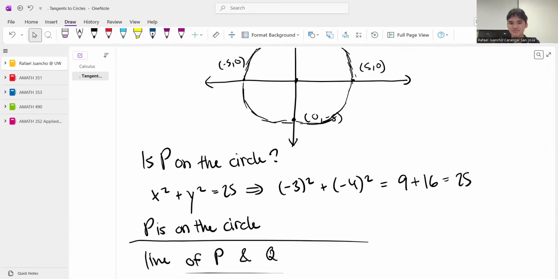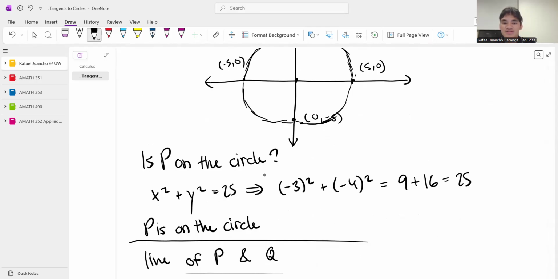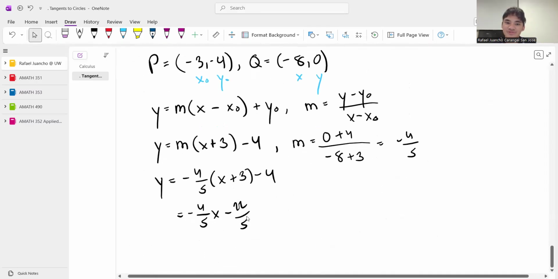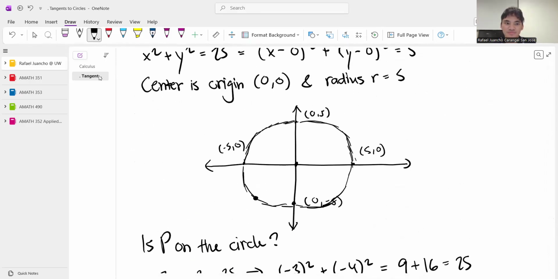Does it intersect x squared plus y squared equals 5? I mean, it has to, right? Because we know the point P, -3, -4 does intersect. So we know that's 1. And P is also on this line. So we know that works. And -8, 0, which is Q. So we also know, oh, oops, it's somewhere here. P and Q. So that's that line.